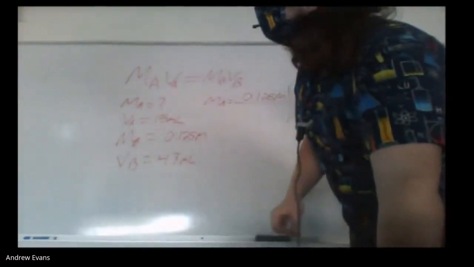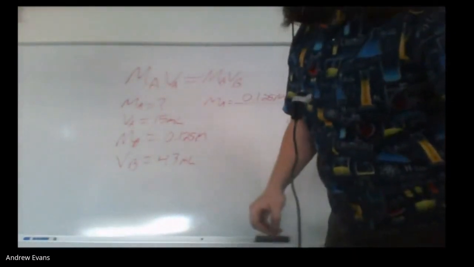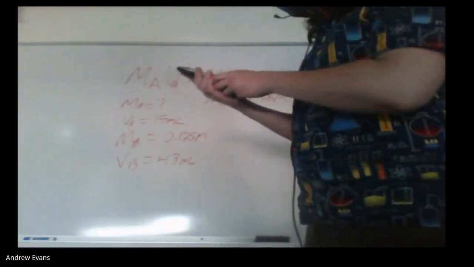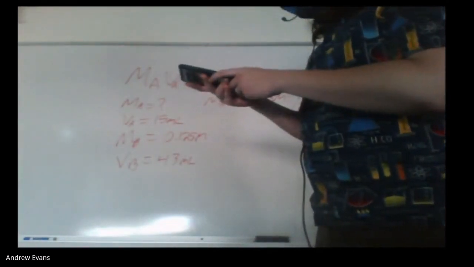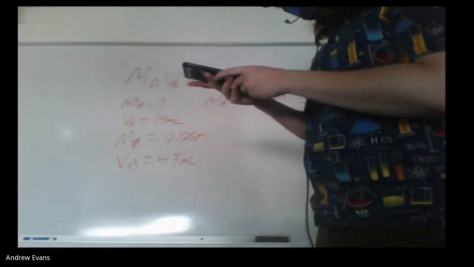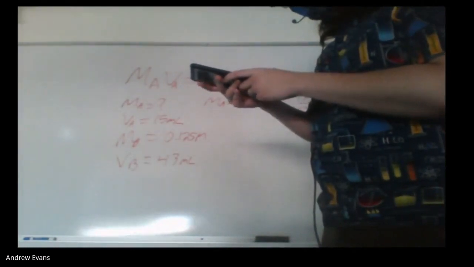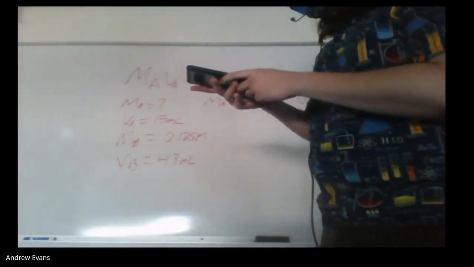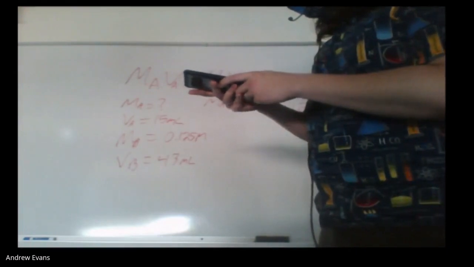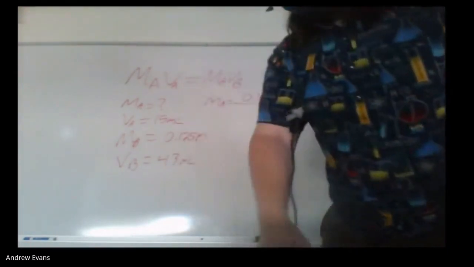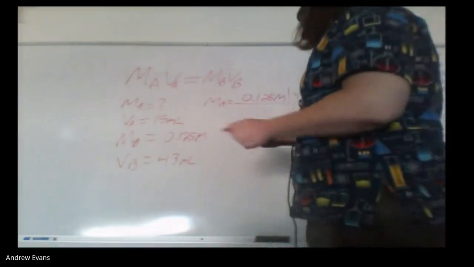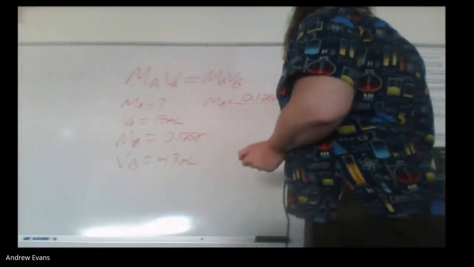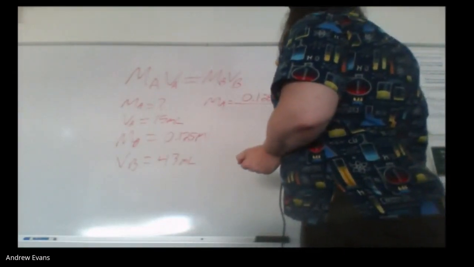So doing that quick multiplication, 0.125 times 43 divided by 15 is 0.358. So 0.358 molar.